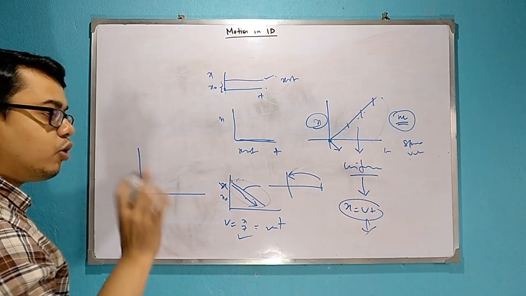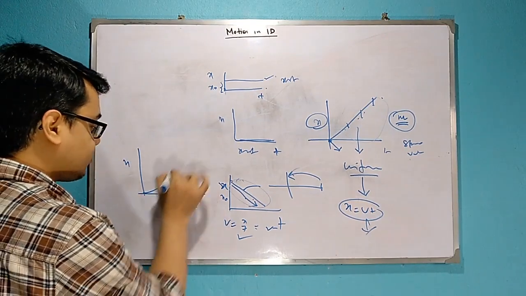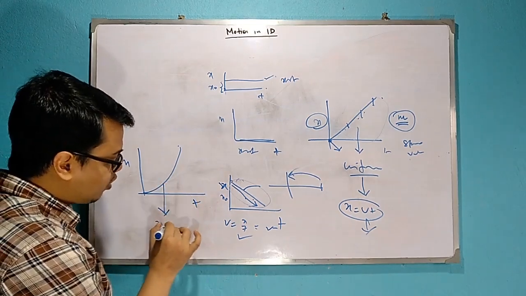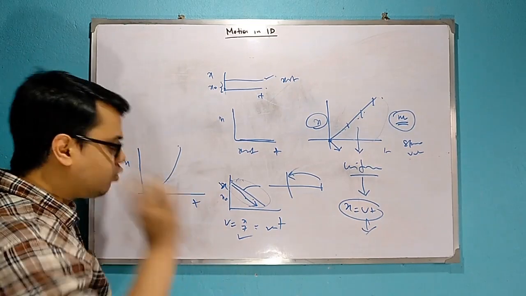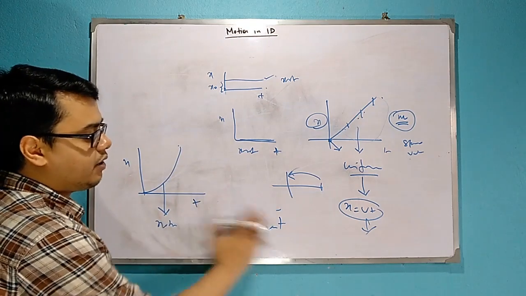But I have told you one thing. If the x-t graph has a curvature, not a straight line, then it is non-uniform. That means here velocity is absolutely not constant. I can say with 100% certainty that velocity is not constant.